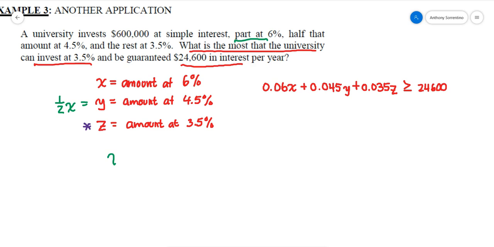I know that x plus y plus z is $600,000. That's the total amount invested, which means that x plus 1/2 x plus z equals 600,000.